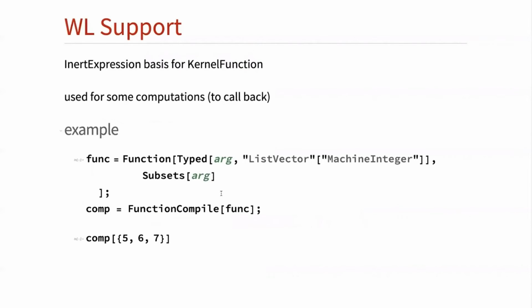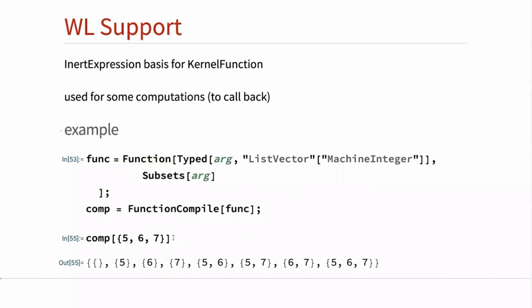And this inert expression is the basis for another feature of the compiler where we can implement functions by calling back to an existing computation. For some of the things like the subsets function, we can do this and get back a result.